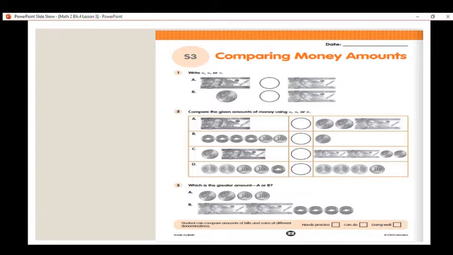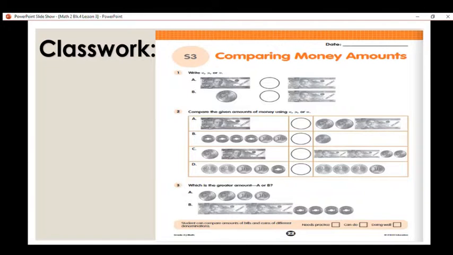Now that you know how to compare money amounts, I want you to get your workbook and open page 22. That is seat work number 3, comparing money amounts.